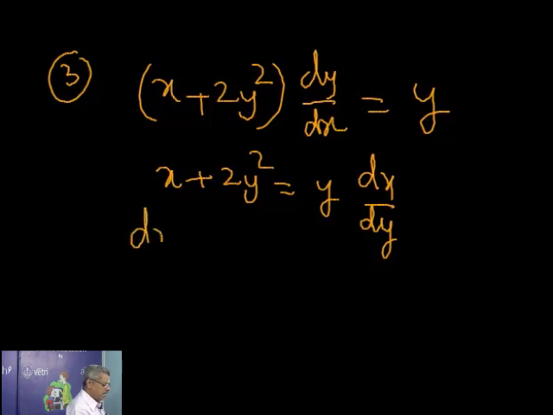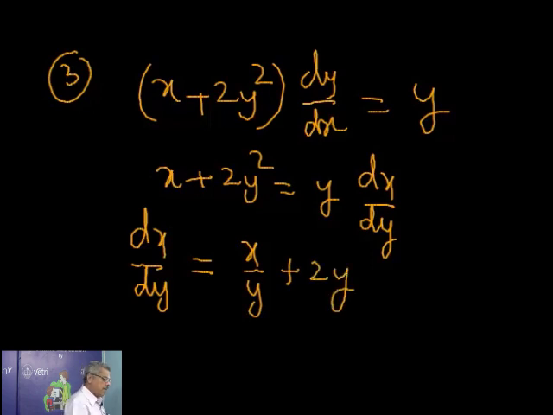I am writing dx by dy is equal to x by y plus 2y. I repeat again, you cannot convert this into a linear equation in y. Even if you divide by x plus 2y square, you cannot get p, you cannot get q.